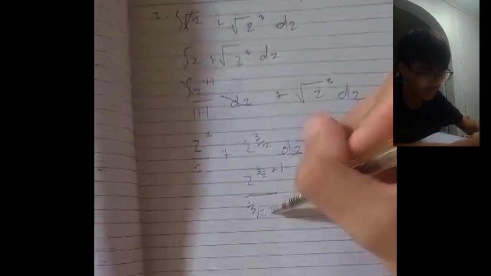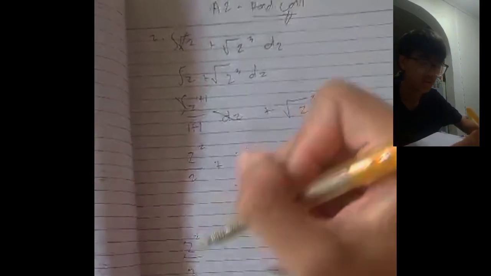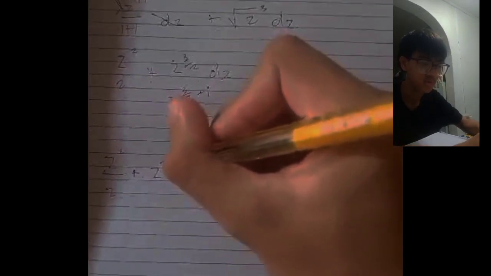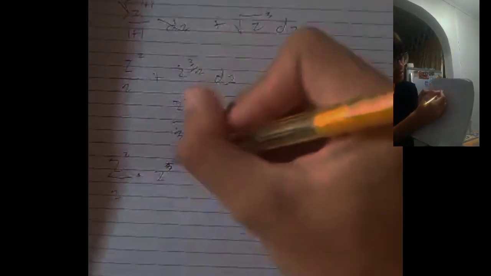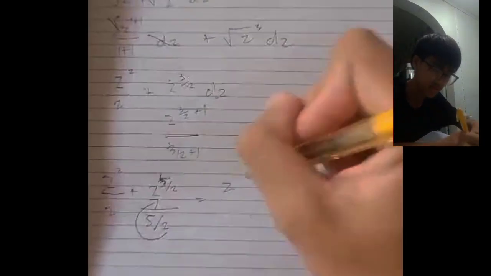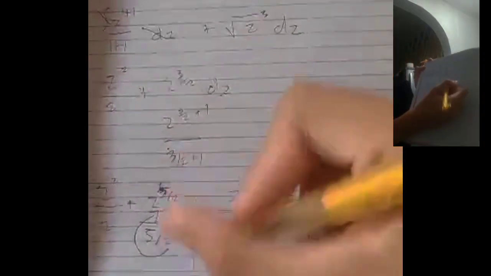Then, 3 over 2 plus 1 is equal to 5 over 2. Kaya magiging sagot niya is z raised to 5 over 2 over 5 over 2. Yung denominator doon na 5 over 2 is ililipat lang natin si 2 doon sa itaas. Kaya magiging sagot is 2z raised to 5 over 2 over 5. So, i-rewrite lang natin siya. Magiging sagot is z raised to 2 over 2 plus 2z raised to 5 over 2 over 5 plus c.